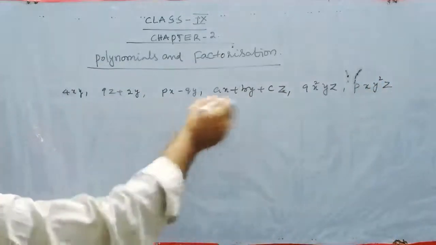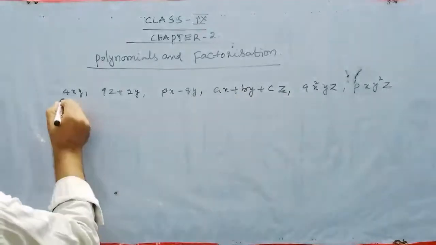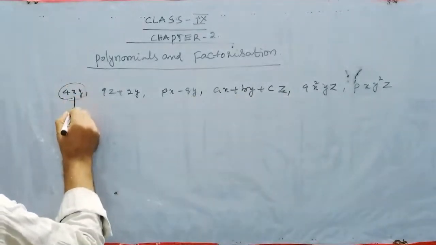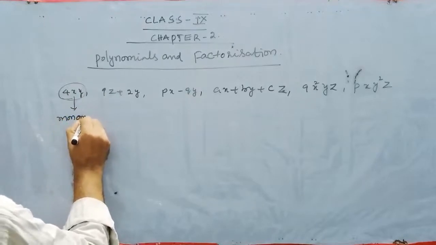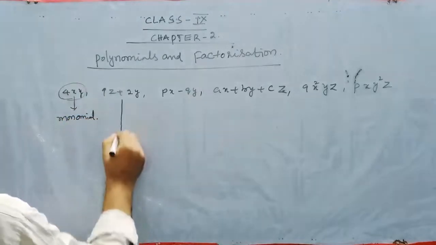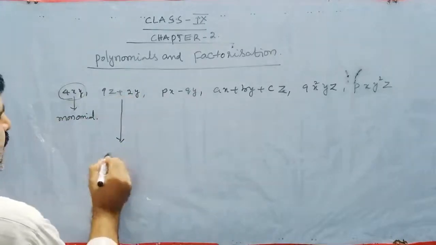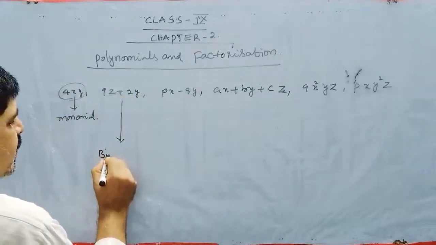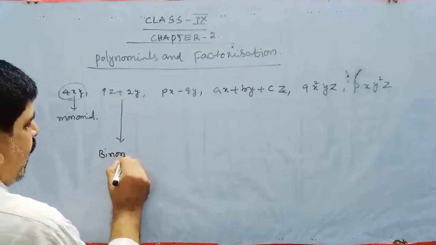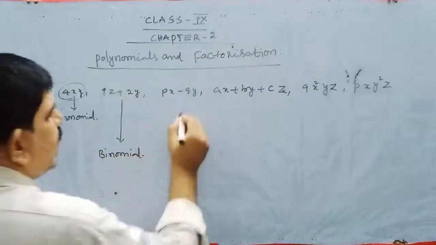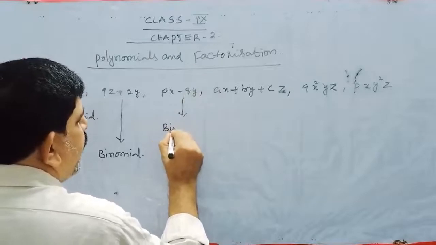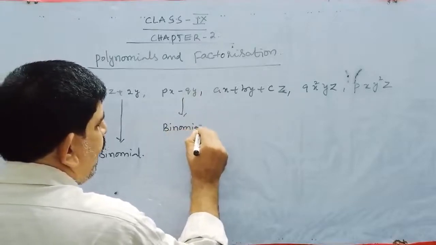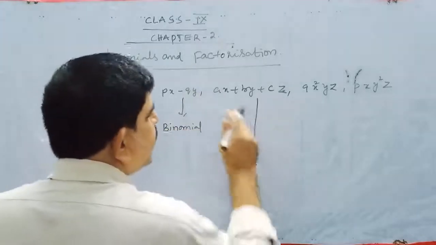Now classify these terms. Okay, see, first one is a single term, so it is monomial. Next, this one, two terms are there, so it is known as binomial. Next, two terms, binomial. How many terms are there? 1, 2, 3.